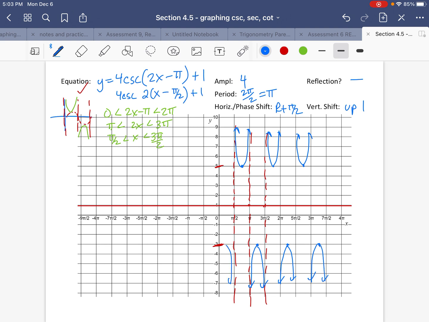All right, over on the left, I think I'll do some of those. So down. So like you could tell that this would be at pi over 4 comma negative 3. All right, so like that point right here, you could write pi over 4 comma negative 3. You would know that that's what that is. Let me do this one. That would be 3 pi over 4 comma 5.